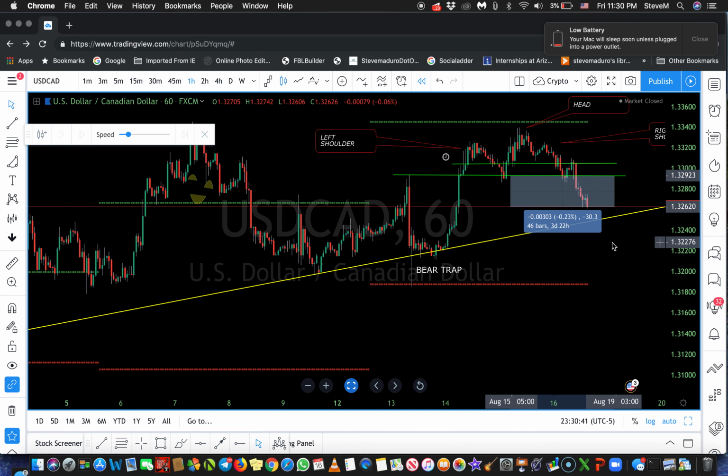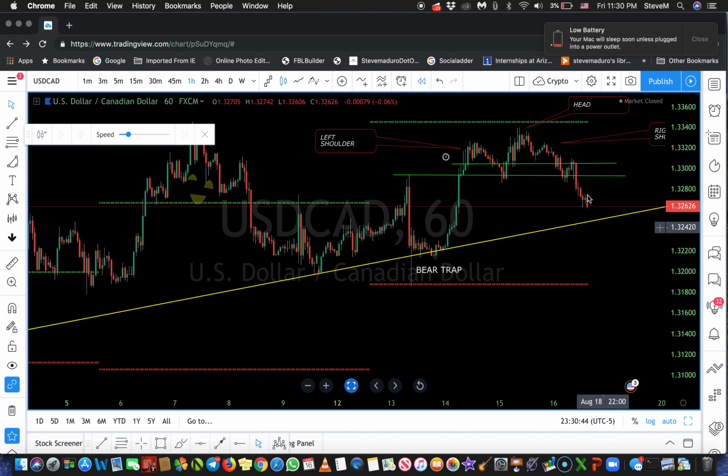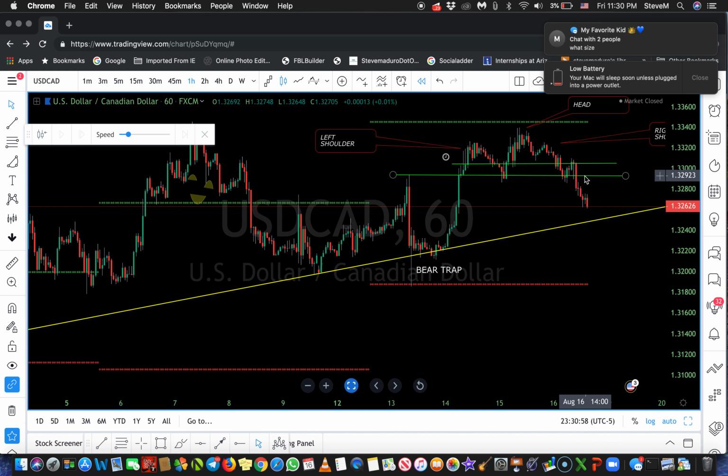So guys, just a little tip on how these trend lines help you. And again, I had an alert here. So my alert was here to let me know my sell stop activated and that I can pay attention and look at my phone.